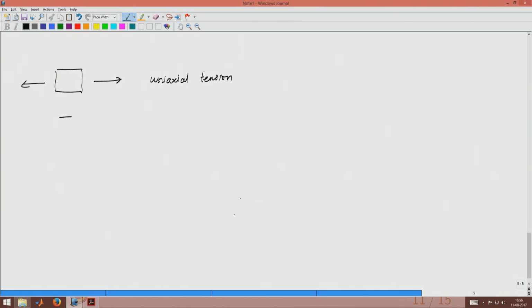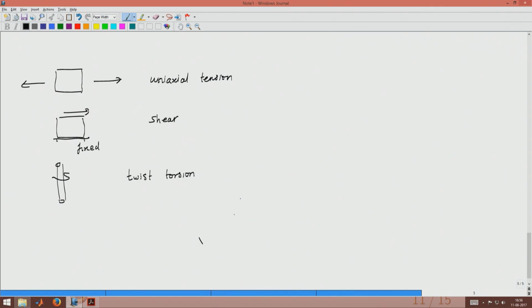Or we can take a block of solid and shear it by keeping this end fixed. This is called shear. We can also, and this is better understood in terms of a rod, twist it, or torsion.